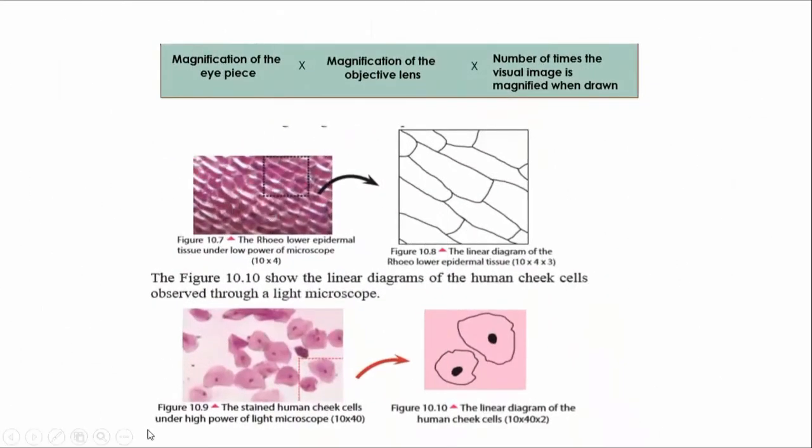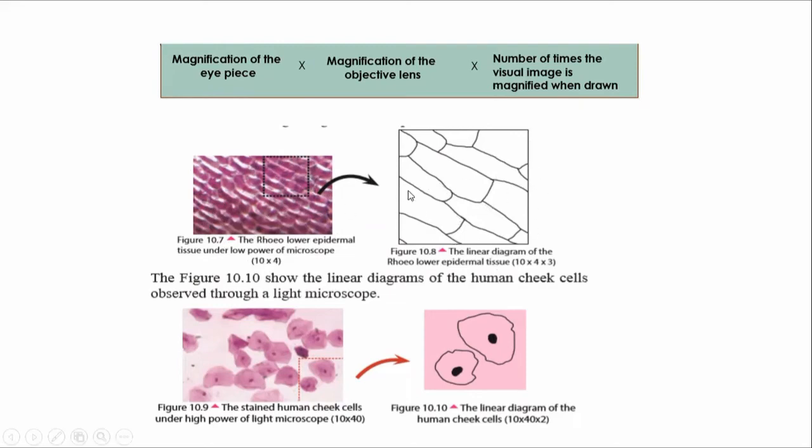This image has been extracted directly from your textbook. As you can see, it shows the Rio lower epidermal tissue under the low power of a microscope. Rio is actually a plant. This is the linear diagram of this image. As you can see, it looks pretty much the same, but this is a rough drawing.